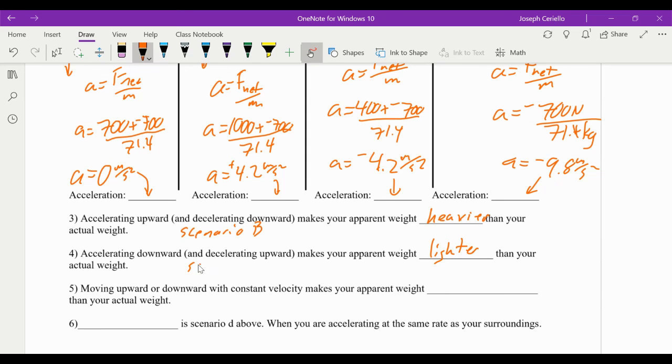That's the same as scenario C. Moving upward or moving downward with a constant velocity, okay, that's when the acceleration is 0, so that's scenario A. Again, you're not accelerating, so you have the same weight. And scenario D above is known as weightlessness. That's when you and your surroundings have the same acceleration.